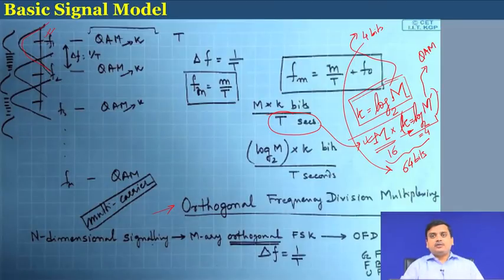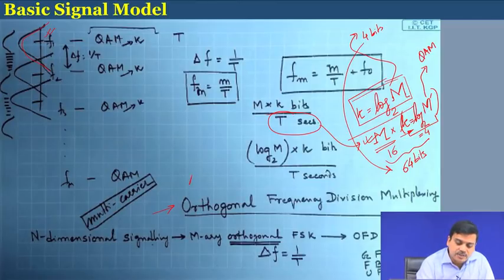Of course, I should mention that instead of QAM, you are also free to go for real signaling like pulse amplitude modulation. In that case, your frequency separation delta f will be, as per our earlier discussion, 1 by 2T, and in each case, for this M prime which we said was QAM, you are going to use PAM signaling.